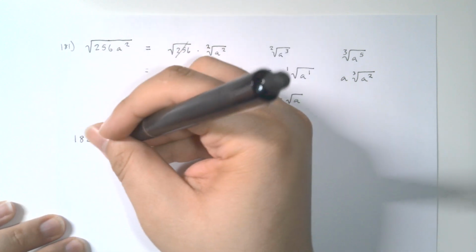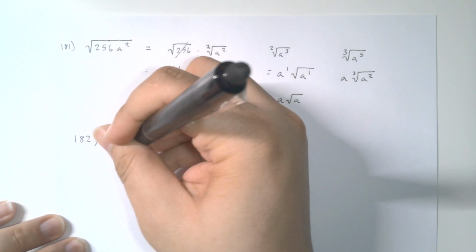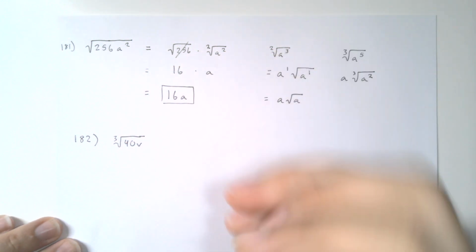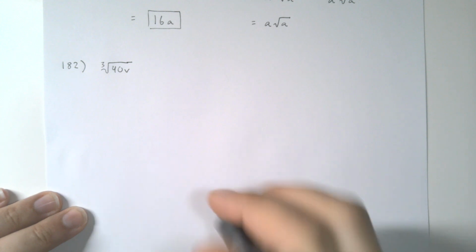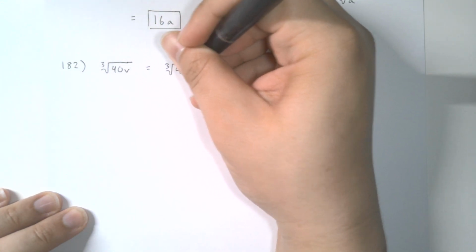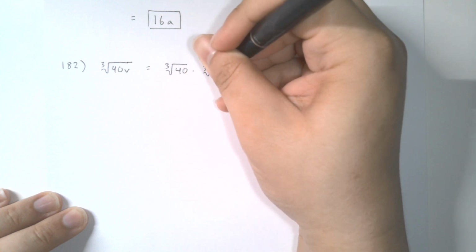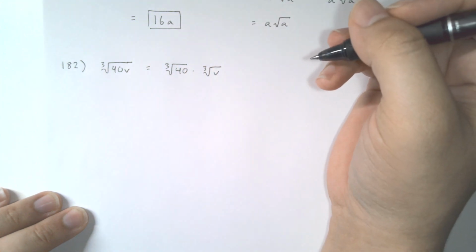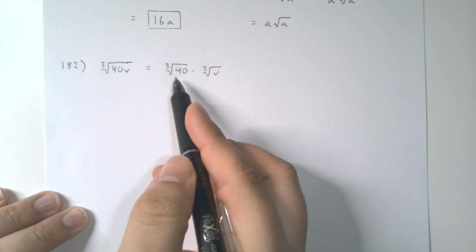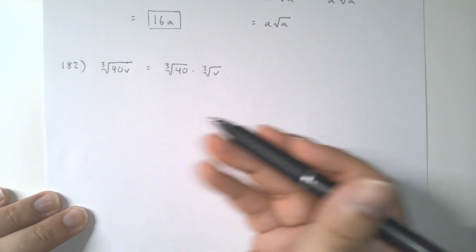So for number 182, we have the cube root of 40 times v. So even though we're doing cube roots, we still want to split this up as the cube root of 40 times the cube root of v. And kind of like how we simplify square roots where we divide by perfect squares, since we're taking the cube root, we want to divide by perfect cubes.